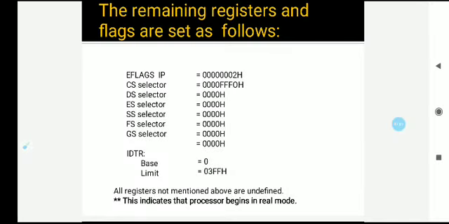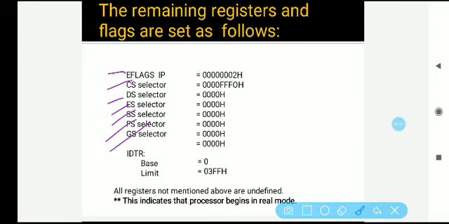Then next are the remaining register and flag values after the reset pin. First start with the EFLAGS. EFLAGS contains value 00000002 hex. These are hexadecimal values. Then values for the code segment, data segment, extra segment, stack segment, then FS and GS.